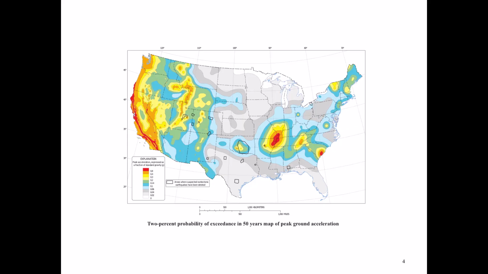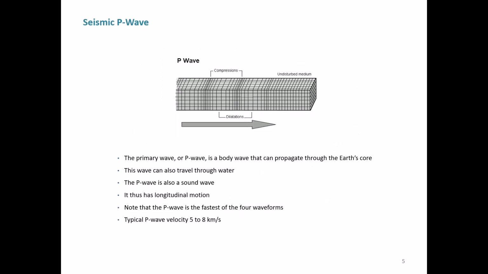And in particular, this plot is showing a 2% probability of exceedance in 50 years based on peak ground acceleration. So peak ground acceleration is the acceleration at given points, whereas the magnitude is representing the energy widespread over an area. More about that as we go along.